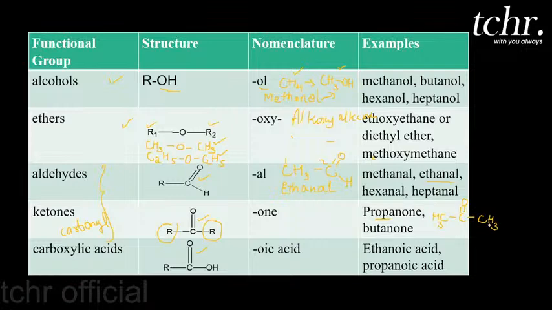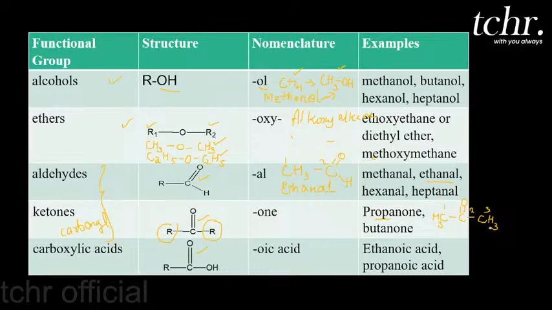CH3, C double bond O, CH3. So on both sides you can see methyl groups, and totally how many carbon atoms when you count? 1, 2, 3. So this will be propanone. Propane, you know, means 3 carbon atoms. Erase the last E part and add ONE.